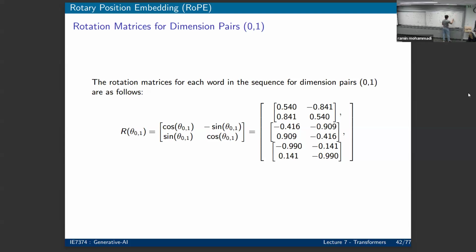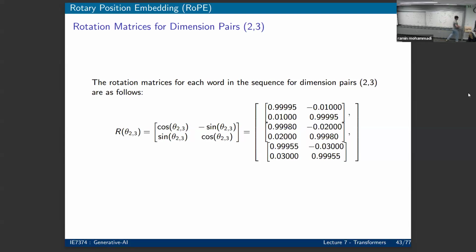Then you have another matrix, which is diagonal, and this matrix comes from the second one, which is 0.999, minus 0.1, 0.1, 0.999. You build this matrix, right? 4 by 4. Now you multiply this matrix by the key vector for the location m equal to 1, which was the word d.